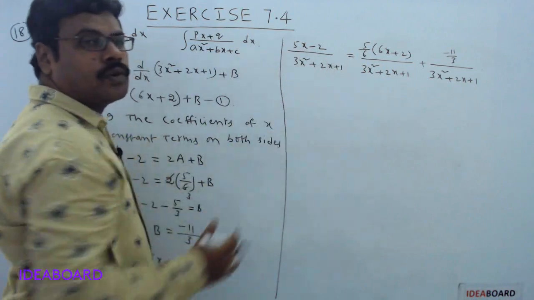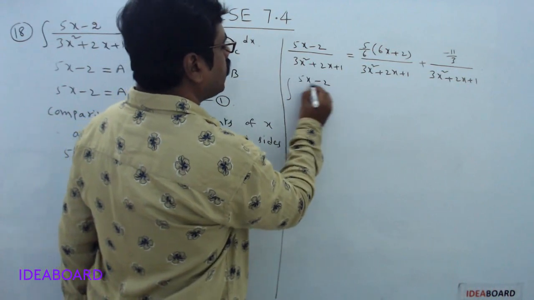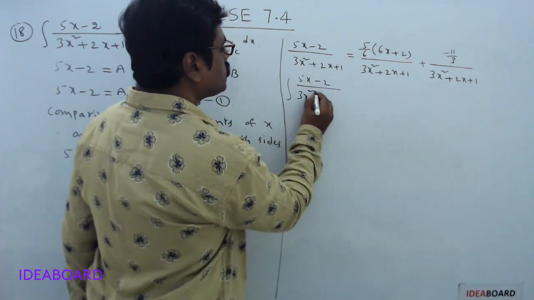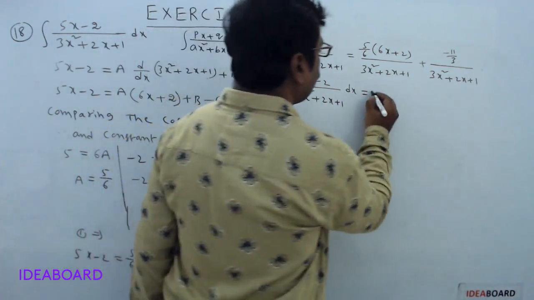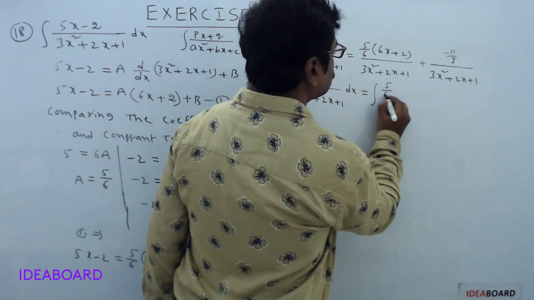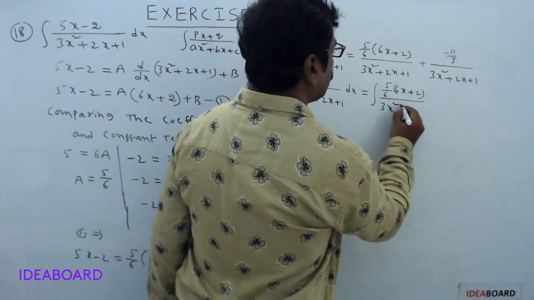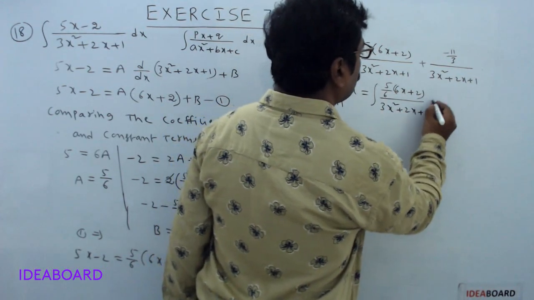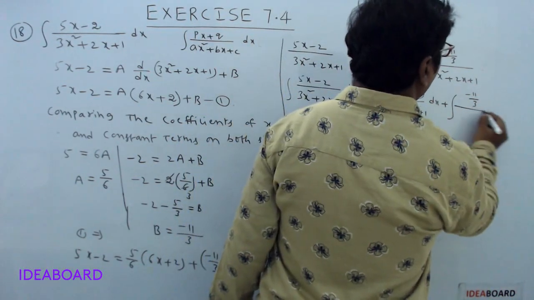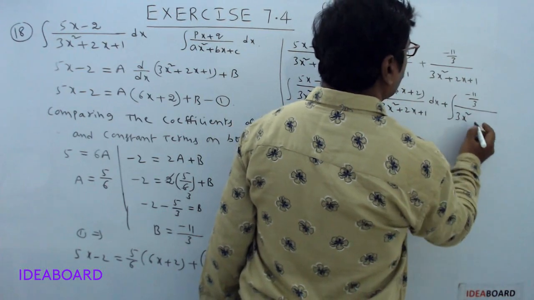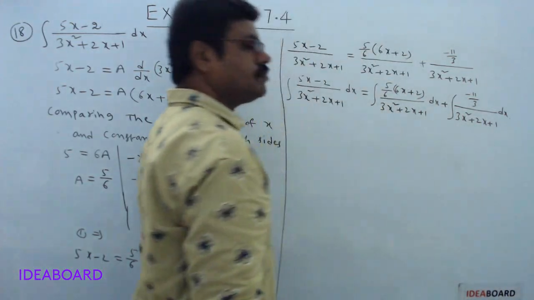Then integrating on both sides with respect to x, it is integral 5x minus 2 divided by 3x square plus 2x plus 1 dx equal to integral 5 by 6 into 6x plus 2 divided by 3x square plus 2x plus 1 dx plus integral minus 11 by 3 divided by 3x square plus 2x plus 1 dx.